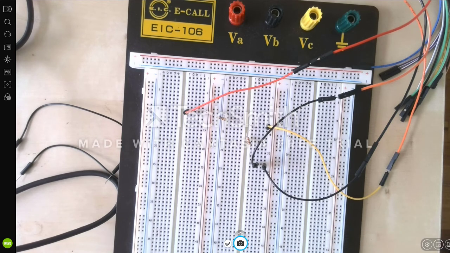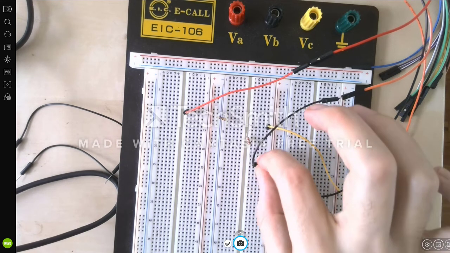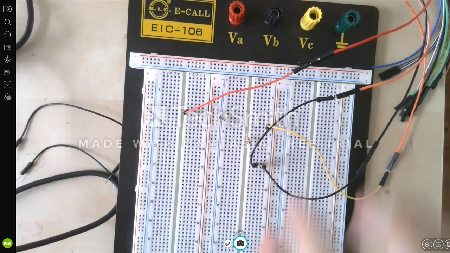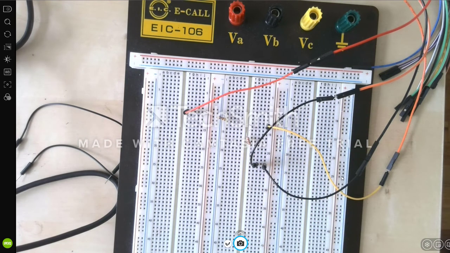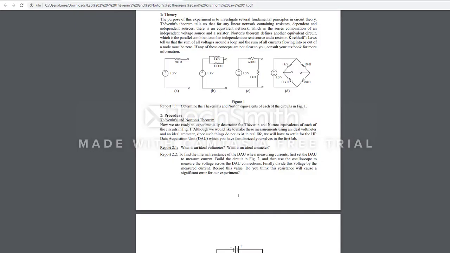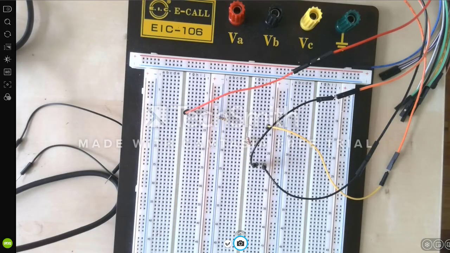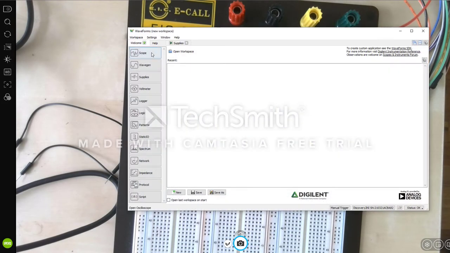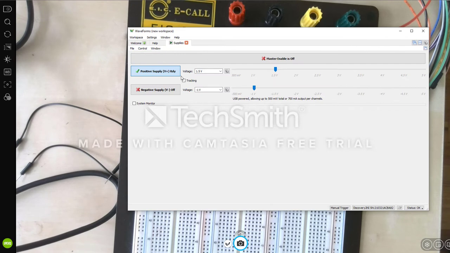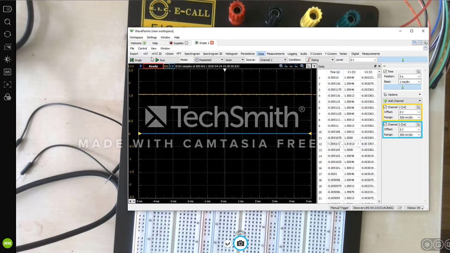Now the sharpness is much better. Now let's measure the equivalent voltage. Again, we are supplying 1.5 volts and we are using Scope to measure.